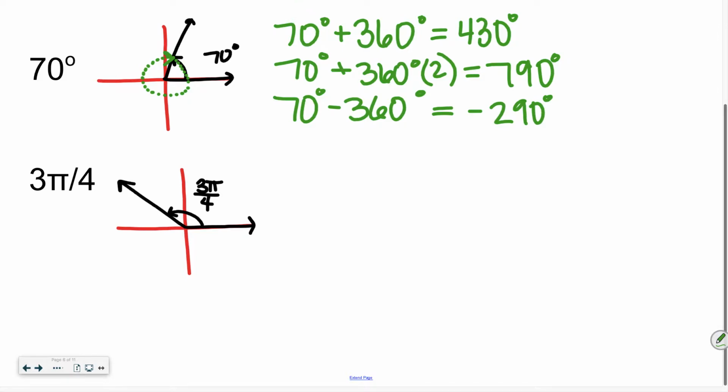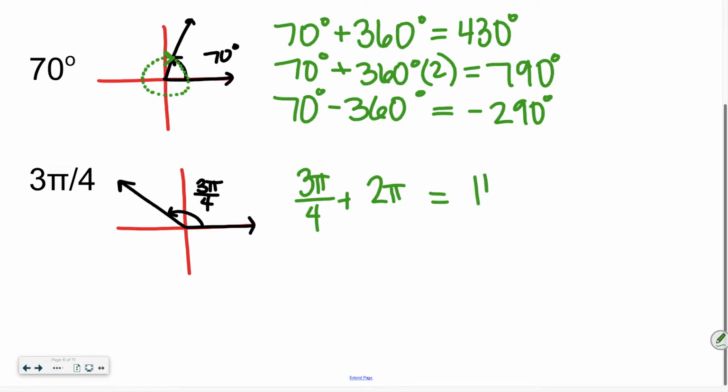So to find coterminal angles, we're going to do the same thing. We're just going to make a complete rotation, but this time we're in radians. So we're going to have to add 2 pi. Okay? Just like we talked about earlier, you're going to need to do some common denominators. So think of 2 pi as 8 pi over 4.